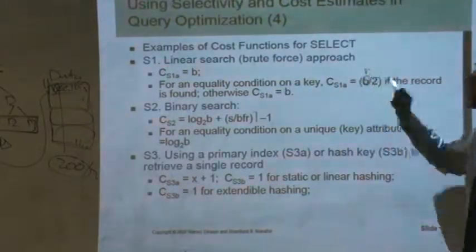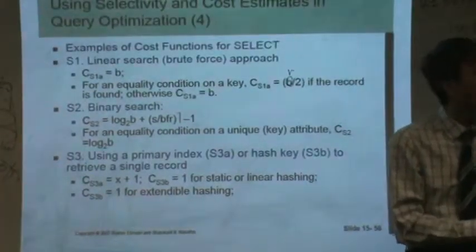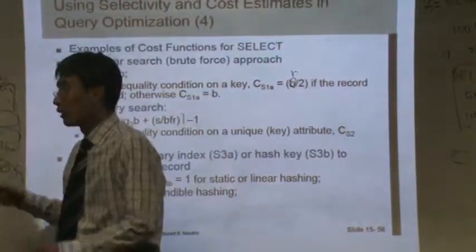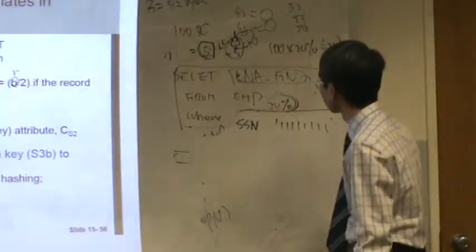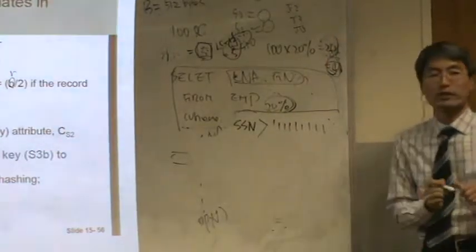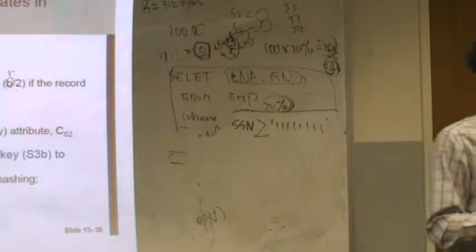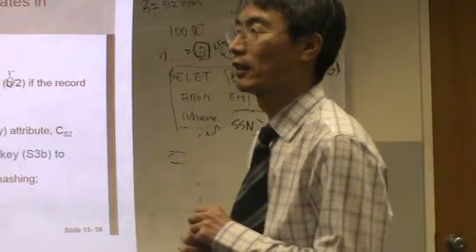That is this one, divided by 2. This is not the record. From now on, this is a block. Number of blocks is our cost. However, I change this one like this: social security number bigger than 11111. How many blocks do you need to access on average? 200.